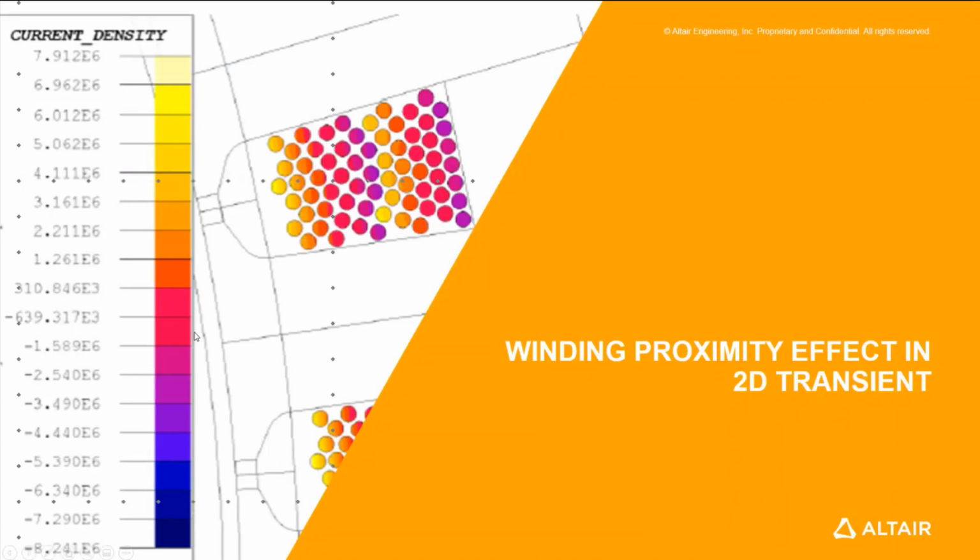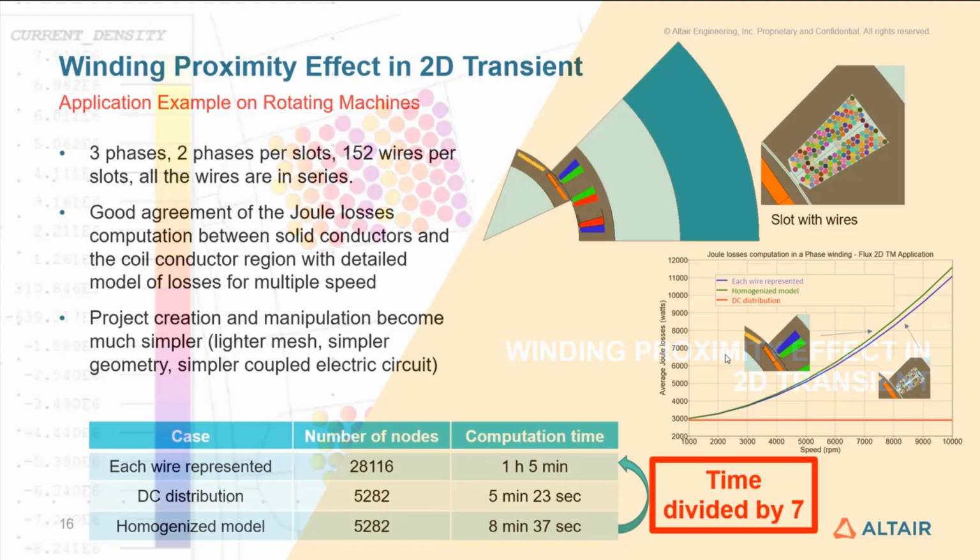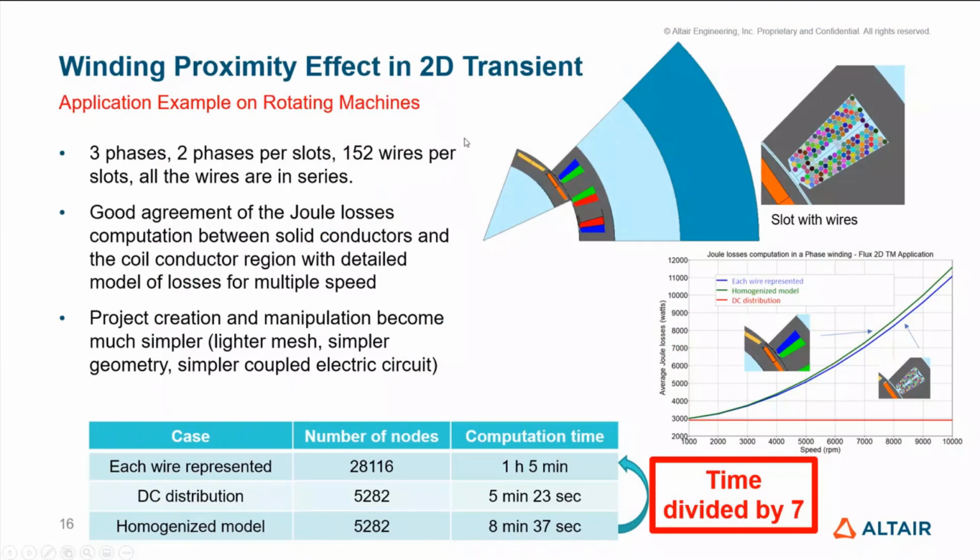The next thing is the winding proximity effect in the 2D transient analysis. In the previous version of Flux, the winding proximity effect was already considered in the 2D steady state analysis. But today we have put this homogenization method in the 2D transient analysis as well. For an electric machine, if we want to compute the joule losses correctly, we have two methods.